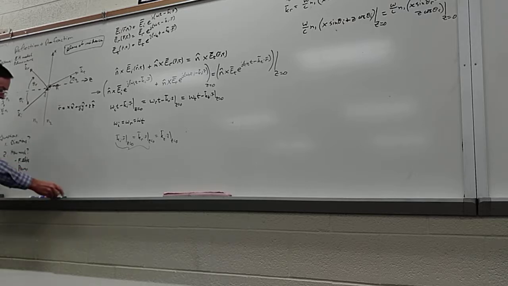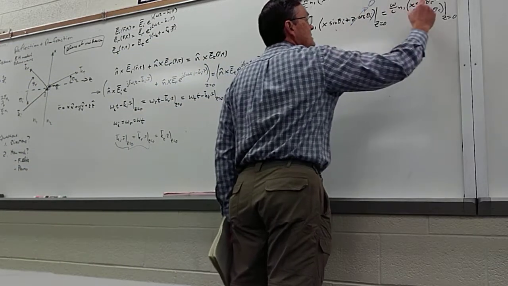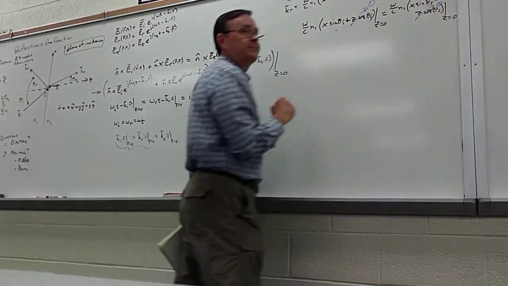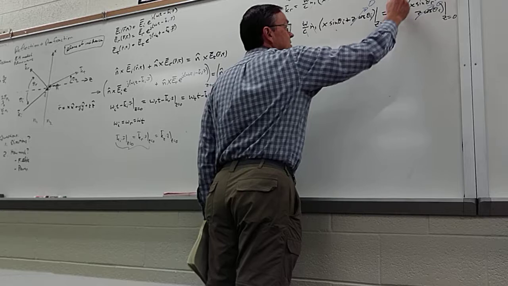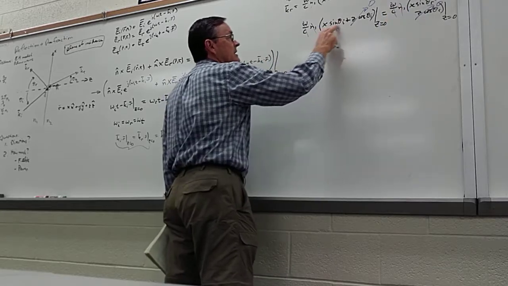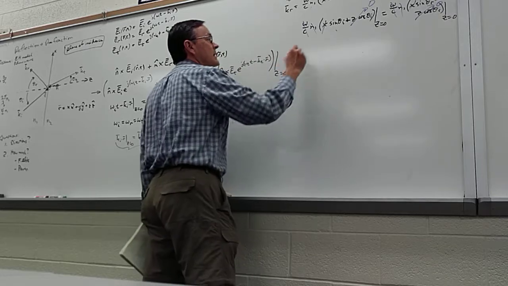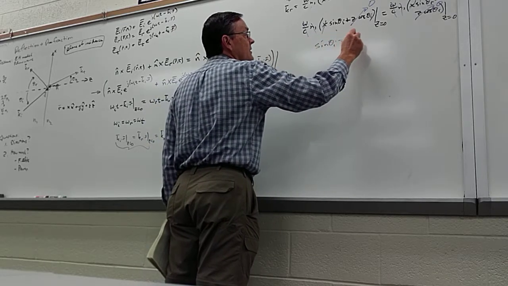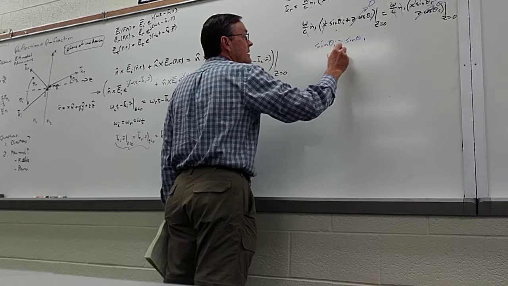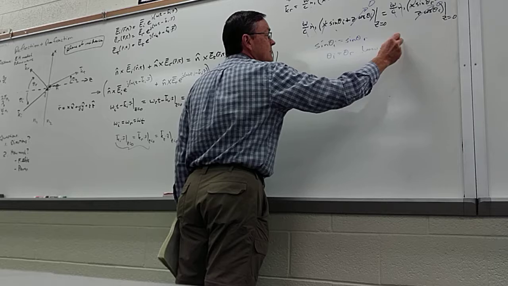Okay, so if we look at this, z is equal to 0, so this term is 0, right? And then omega over c n1, that's common. And then we're just left with this, and the x is common. So that leaves us with sine of theta I is sine of theta r, or in other words, theta I is theta r, which is the law of reflection.